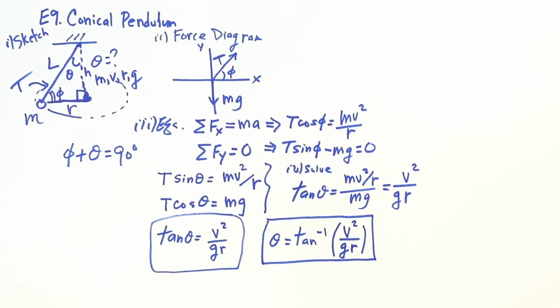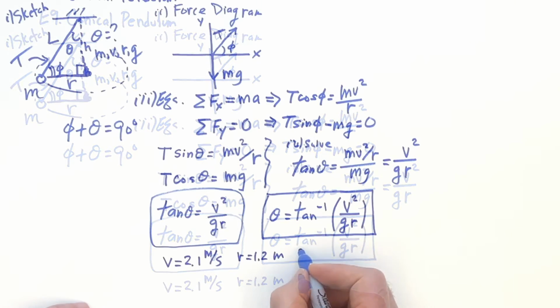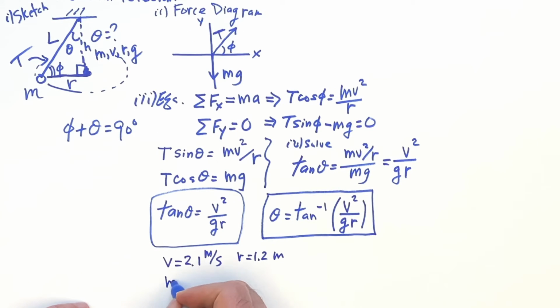And now if we want to plug in the numbers, it said that v is 2.1 meters per second, gave us that. It gave us r is 1.2 meters, and it gave the mass as 3.6 kilograms, but I don't really need that if I'm going for the angle.